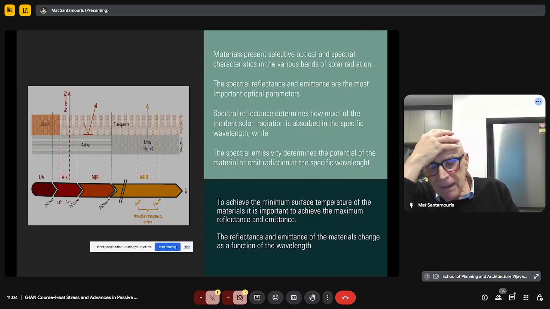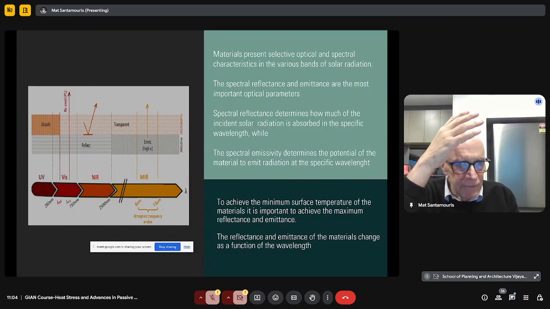Materials present very selective optical and spectral characteristics in the various bands of solar radiation. Please allow me, for those who don't have the knowledge, to present the main bands of solar radiation.